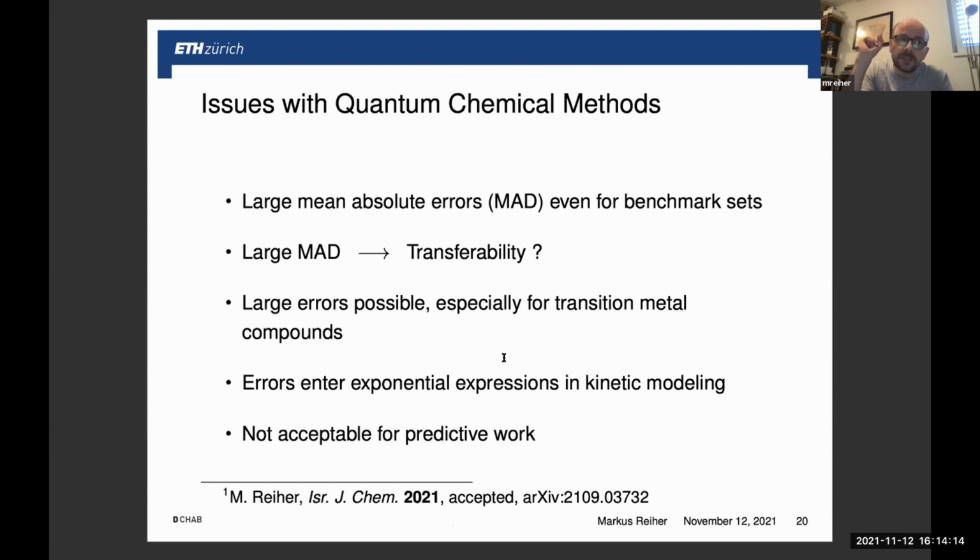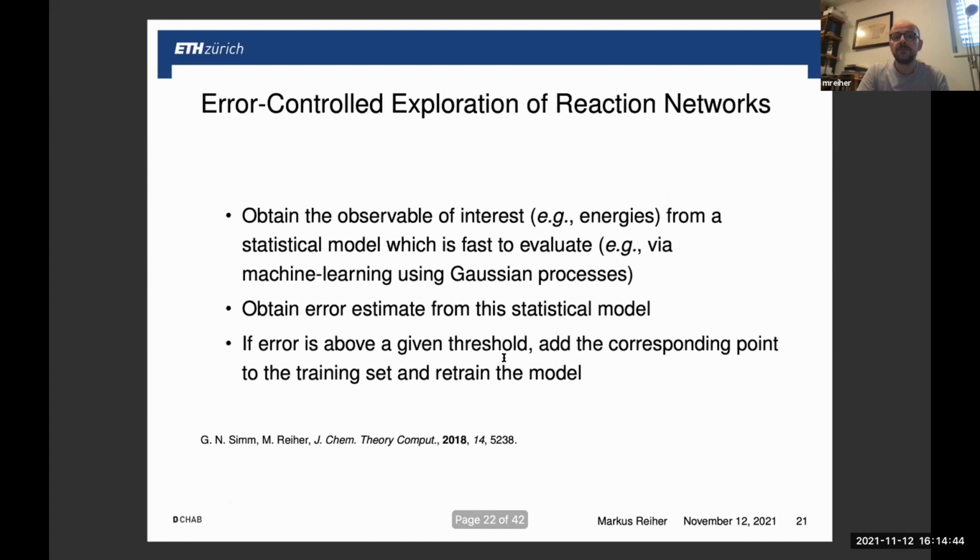And even when you look at the benchmark data that are available, you get indications from mean absolute errors, which are large even for the benchmark sets, where you have large absolute deviations which do not match the mean absolute errors, which are indications that there is some heterogeneity in terms of the error when you look at the data. And that is, of course, not acceptable for really predictive work, right? So what do we do?